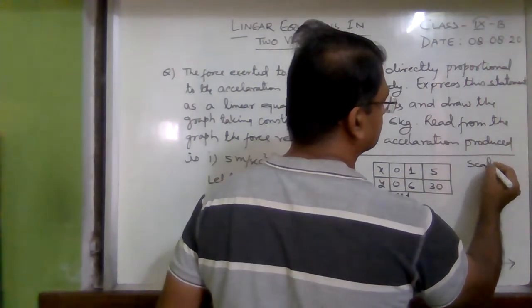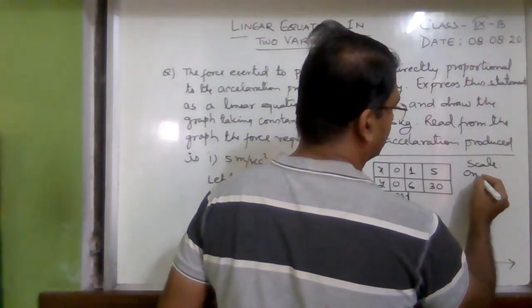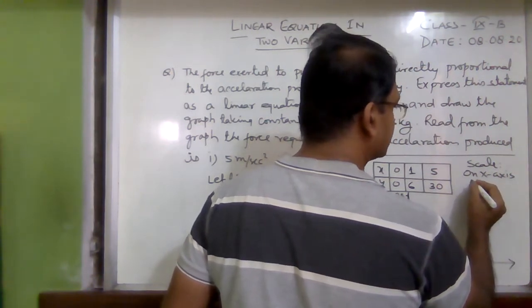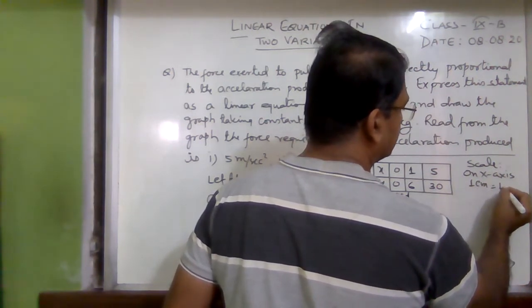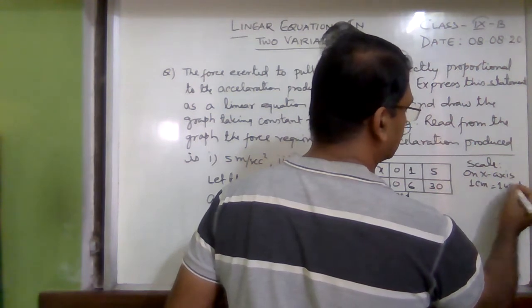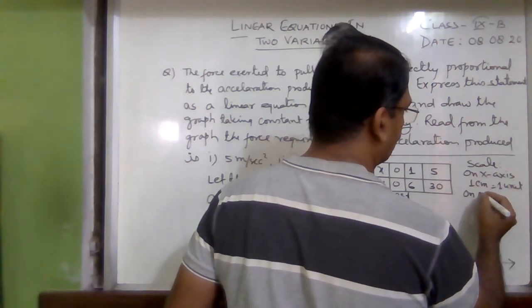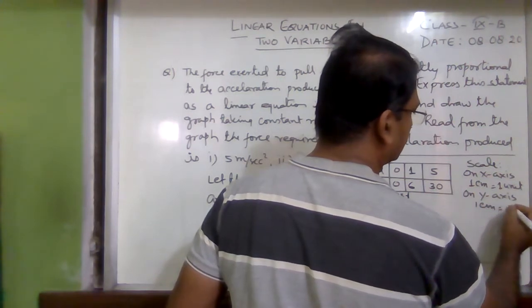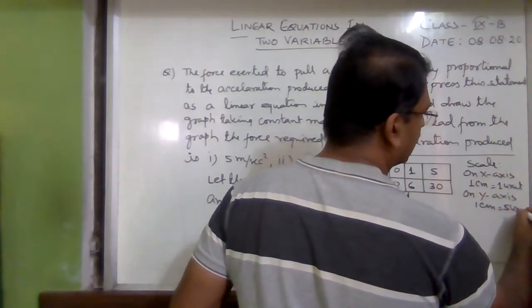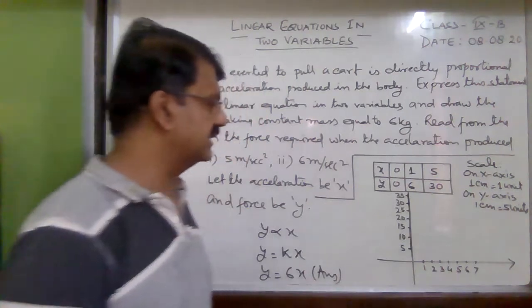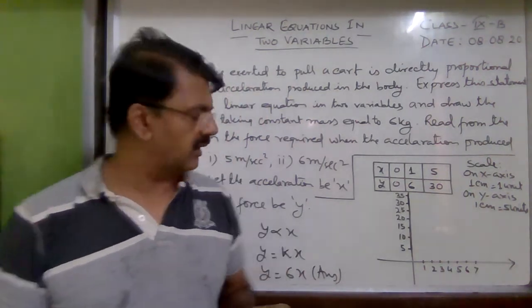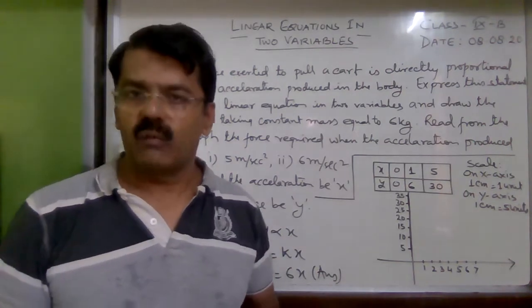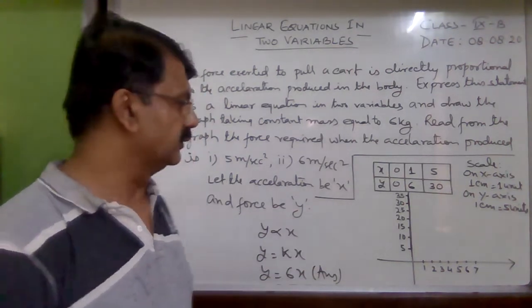Scale on x-axis: 1 centimeter is equal to 1 unit. On y-axis: 1 centimeter is equal to 5 units. You can see on x-axis 1 centimeter is 1 unit, whereas on y-axis 1 centimeter is 5 units.